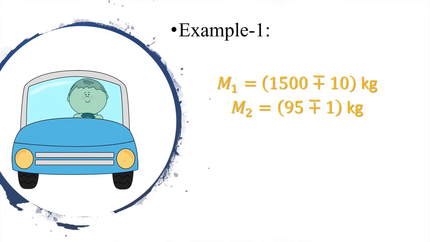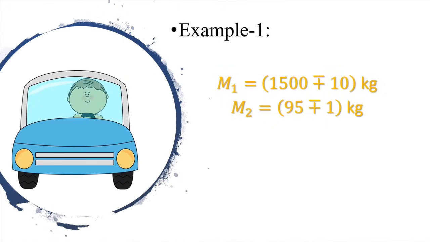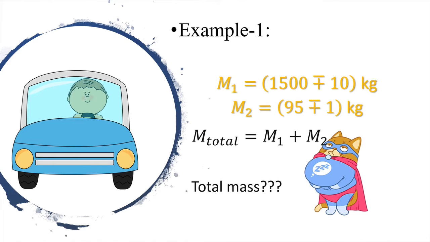Let's take an example. Let's say that we want to measure his and his car masses, and we're interested in the total mass. If M1 is the mass of the car, which is given as 1500 plus or minus 10 kilogram, M2 is the mass of this man, and it is 95 plus or minus 1 kilogram.